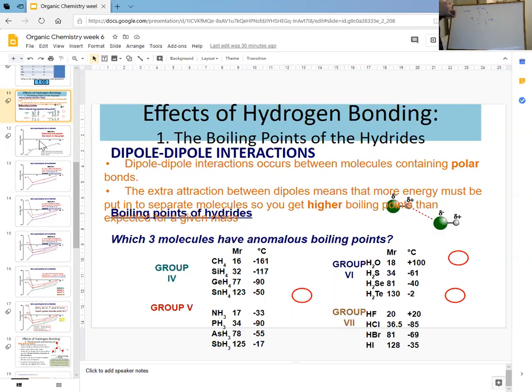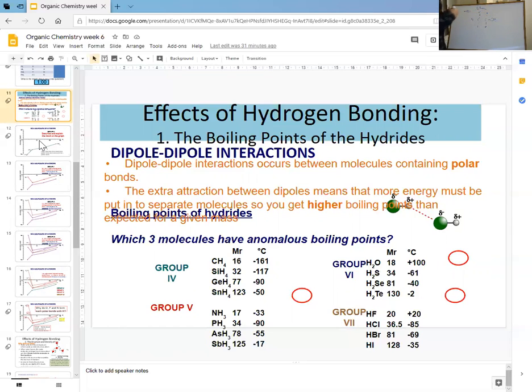Now, if we get rid of this H and we replace it with OH, we make ethanol.